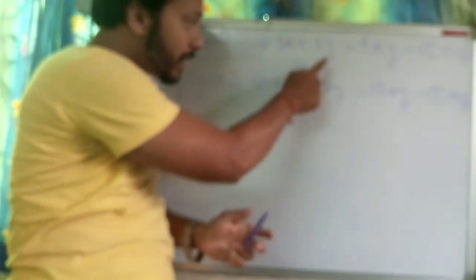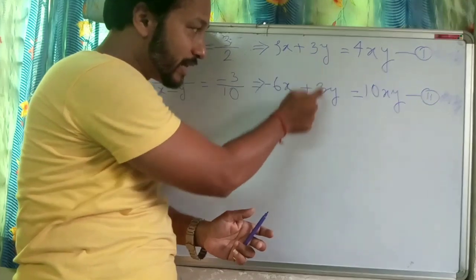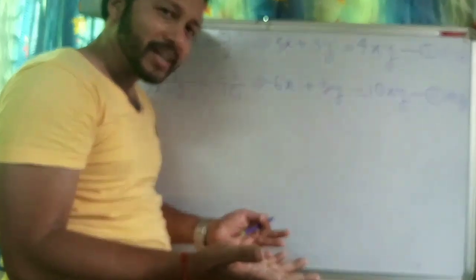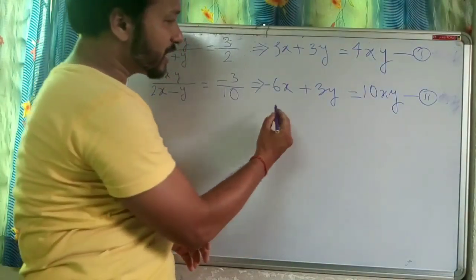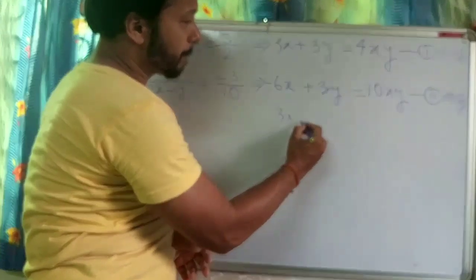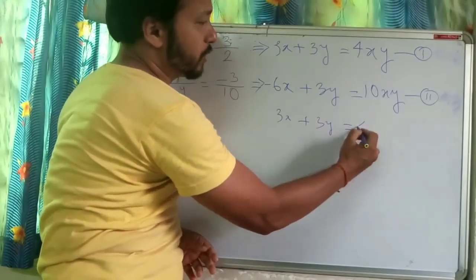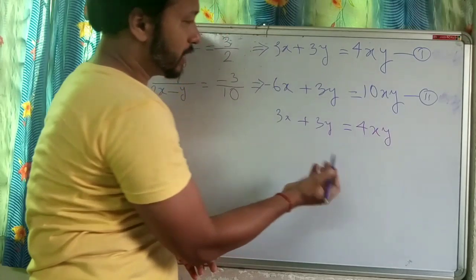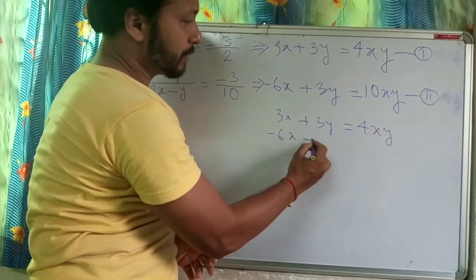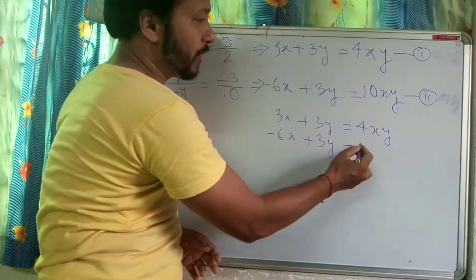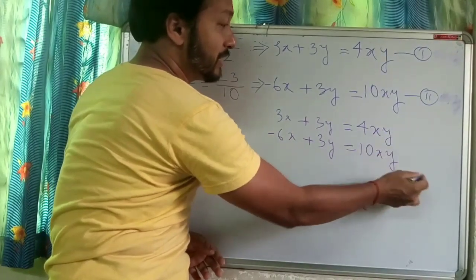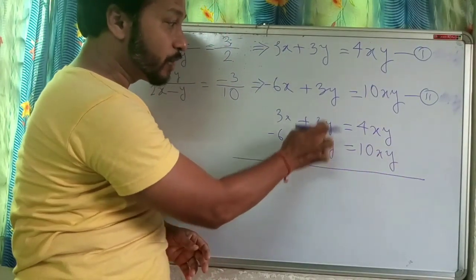But since 3y and 3y both are equal, why multiply it? Just directly write 3x plus 3y equal to 4xy, then minus 6x plus 3y equal to 10xy. See, what is the benefit of having equal terms?